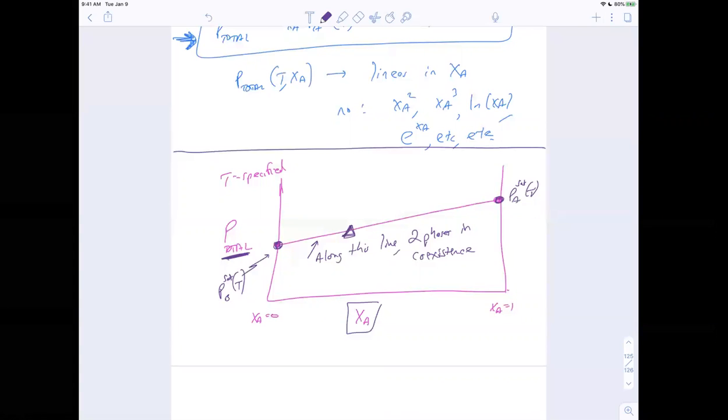Now what happens if I increase the pressure? So I have my system, it's at equilibrium initially at this point. It's two phases in equilibrium with composition X sub A in the liquid. What happens now if I increase the pressure at this temperature? So I'm going to keep the temperature constant, but I'm going to increase the pressure.